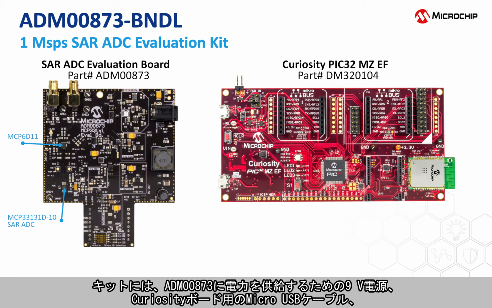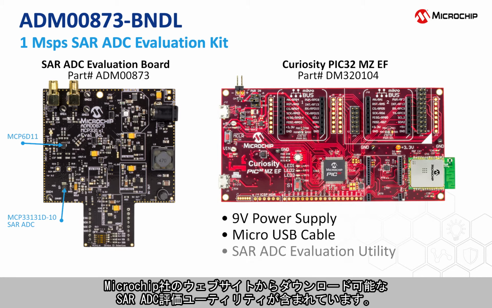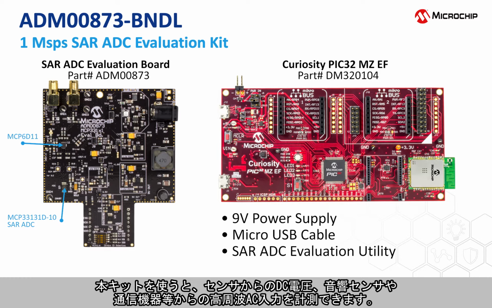The kit includes a 9-volt power supply to power the ADM00873, a micro USB cable for the Curiosity board, and the SAR ADC evaluation utility, which can be downloaded from the Microchip website. With this kit, you can measure DC voltage from sensors, high-frequency AC inputs from acoustic sensors, communication equipment, and much more.